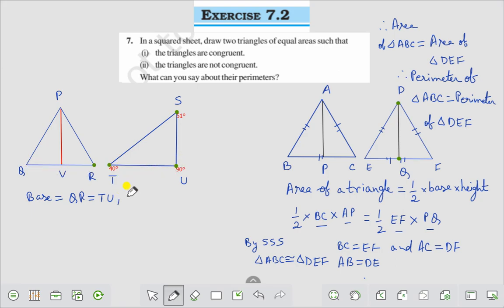The height of this triangle, PV, is same as SU, and we know that the area of a triangle is equal to half base into height, 1 by 2 into base into height.